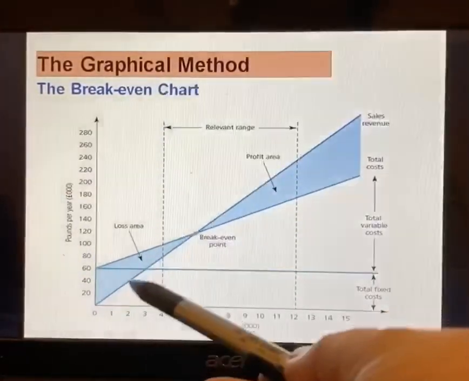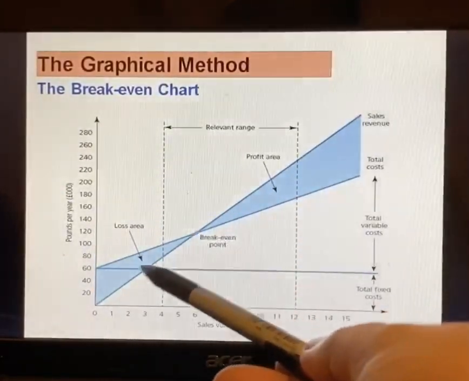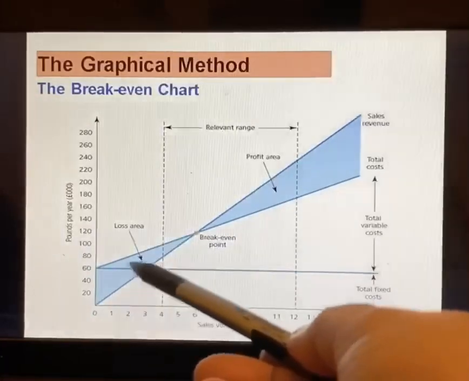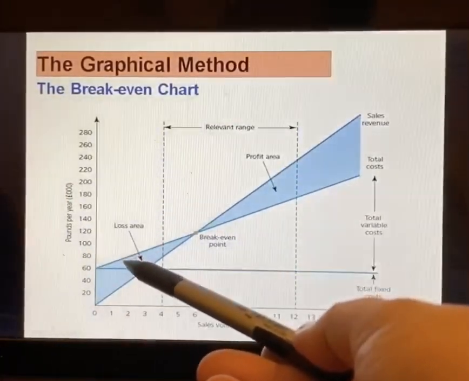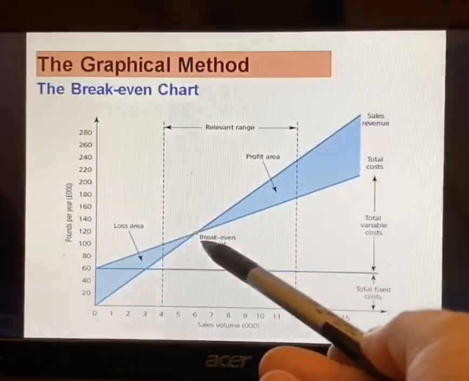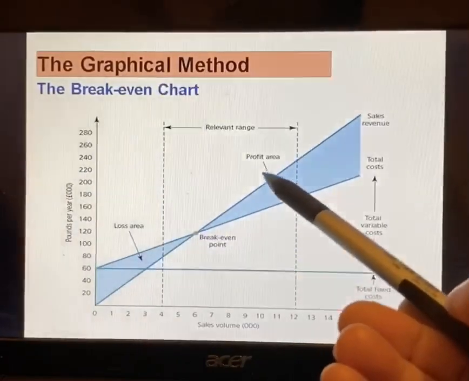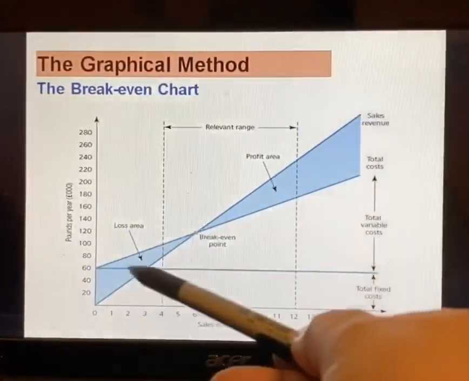The shaded area below the break-even point indicates losses, and the shaded area above the break-even point indicates profit. This is profit, this is loss.